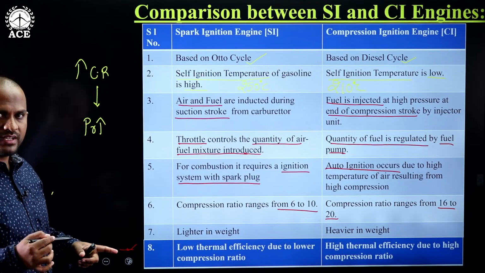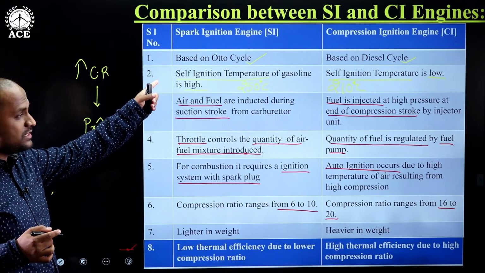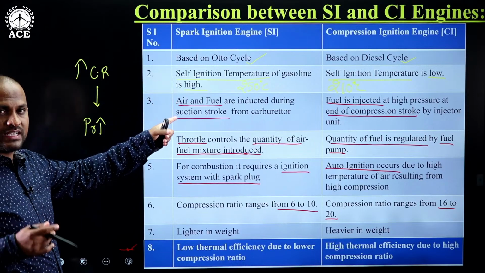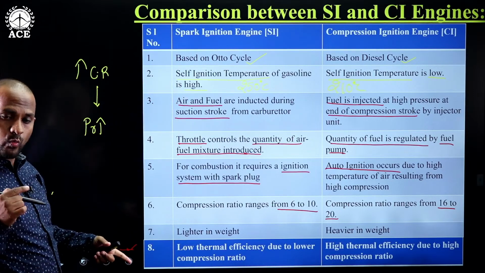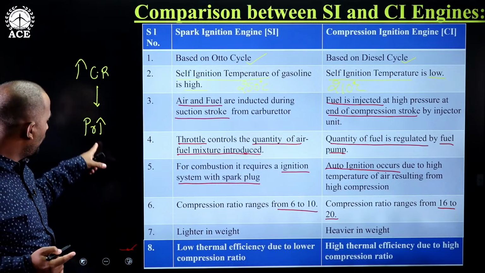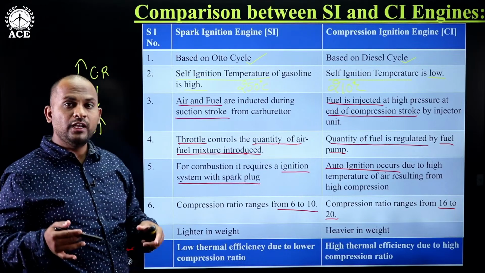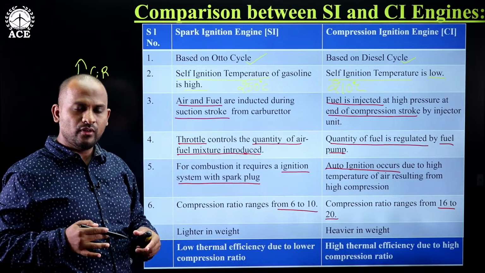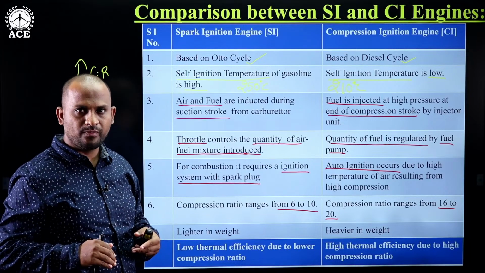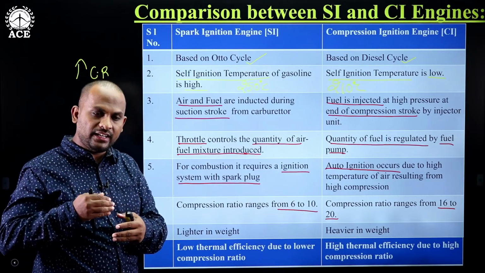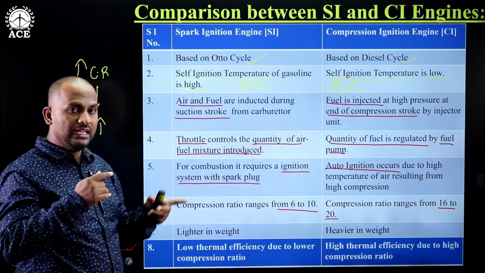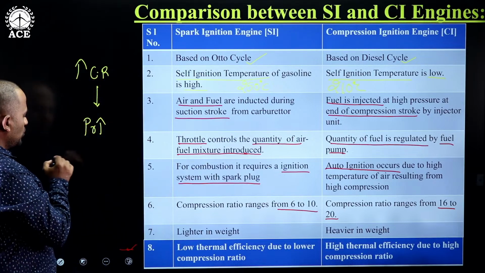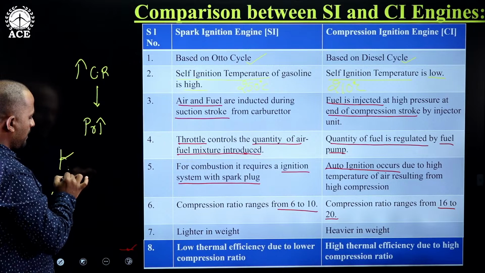When there is high pressure in the cylinder, in SI engines we generally use gasoline as the fuel. Because of this high pressure, it will ignite itself before the normal combustion. When it ignites before the normal combustion, it leads to knocking.